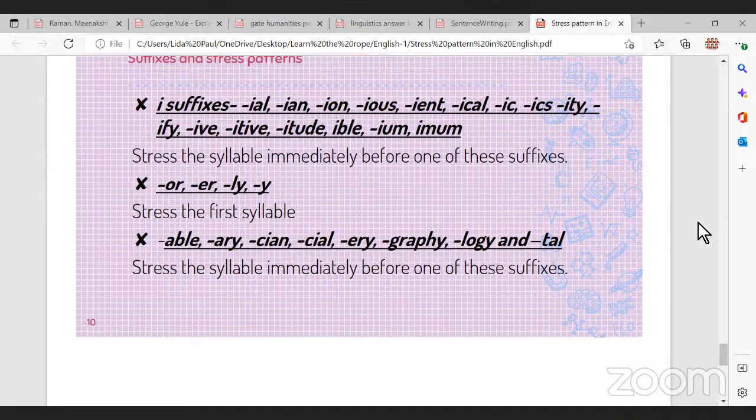If I take a larger word, say multitude, where will be the stress? Multitude. Because T is the second syllable before, itude is what is going to take the stress.